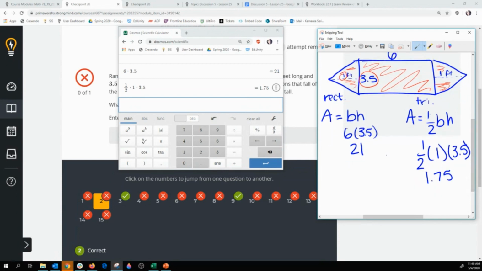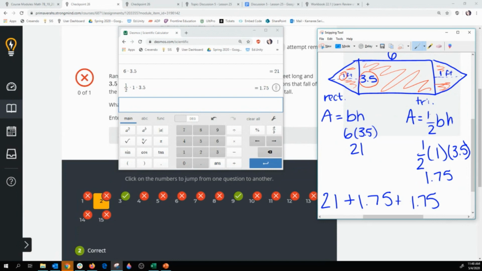I have 2, right? So when I'm adding all of my areas together to figure out how much total area I have, I would do this 21 plus 1.75 plus 1.75. And I'm adding in that 1.75 twice because I have those 2 triangles.